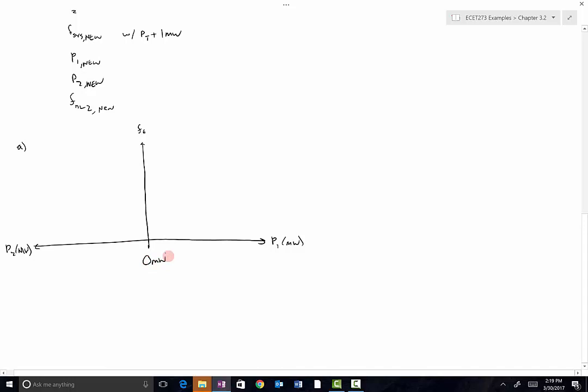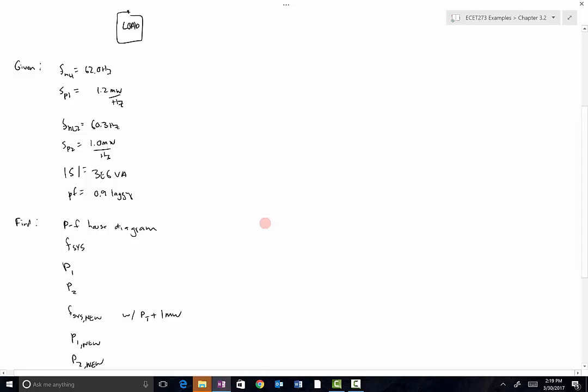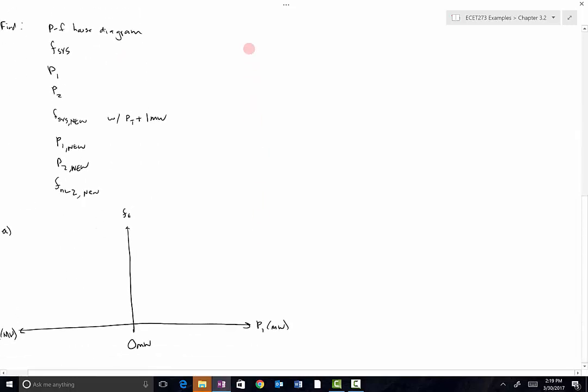Right? So we need to plot the two frequency droop characteristics. We go up to our givens, and we see that power plant 1 had a generator set point of 62, and power plant 2 had a generator set point of 60.3. So we need to draw those points right here. That's 62, and that is 60.3.